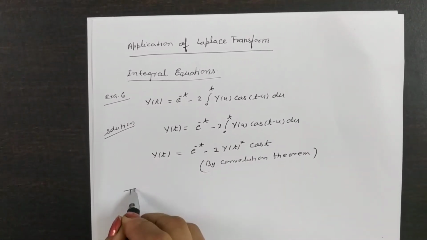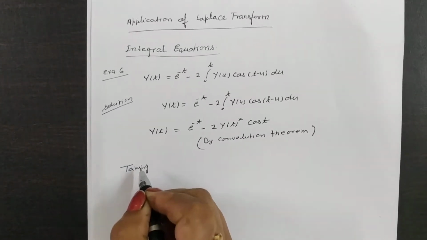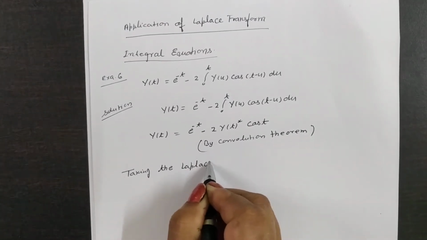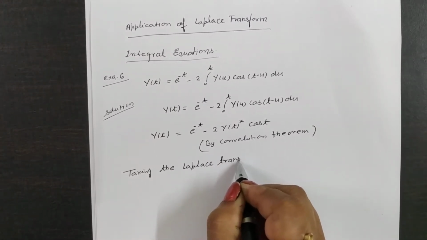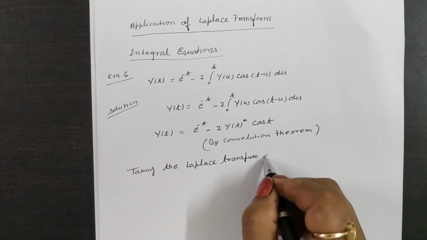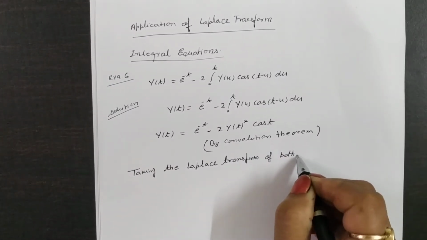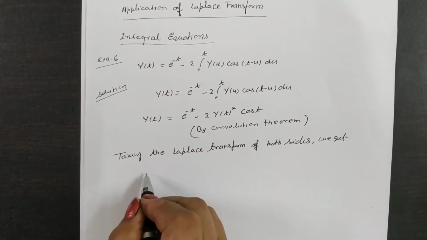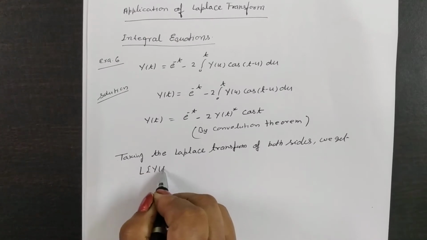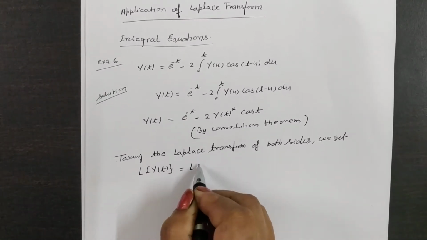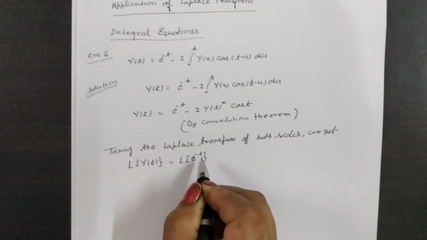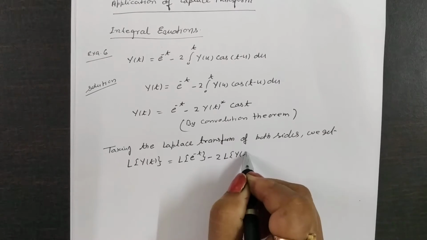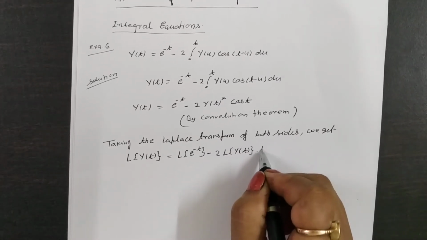Okay. Now taking the Laplace transform on both sides, we get the Laplace of y(t), and here is also the Laplace of e^(-t), minus 2 times the Laplace of y(t) and the Laplace of cos t.